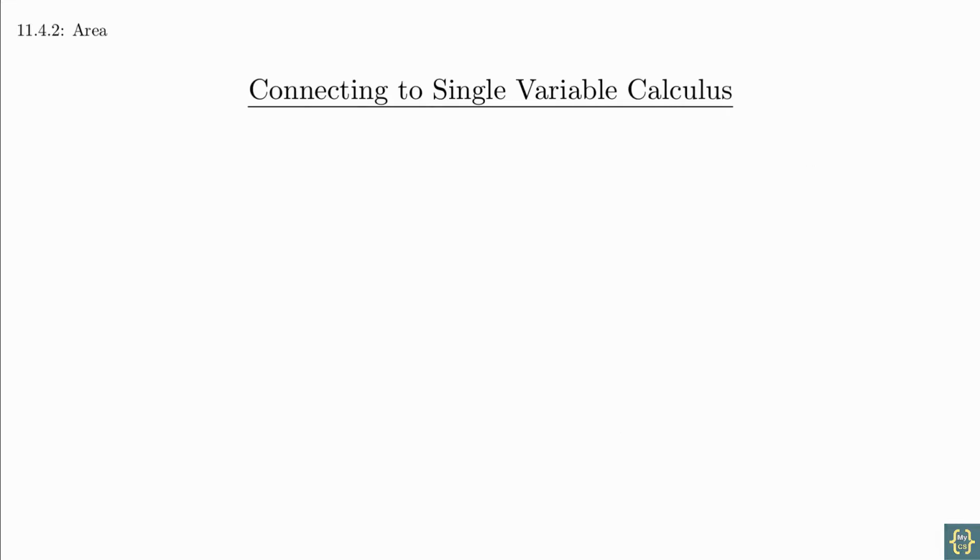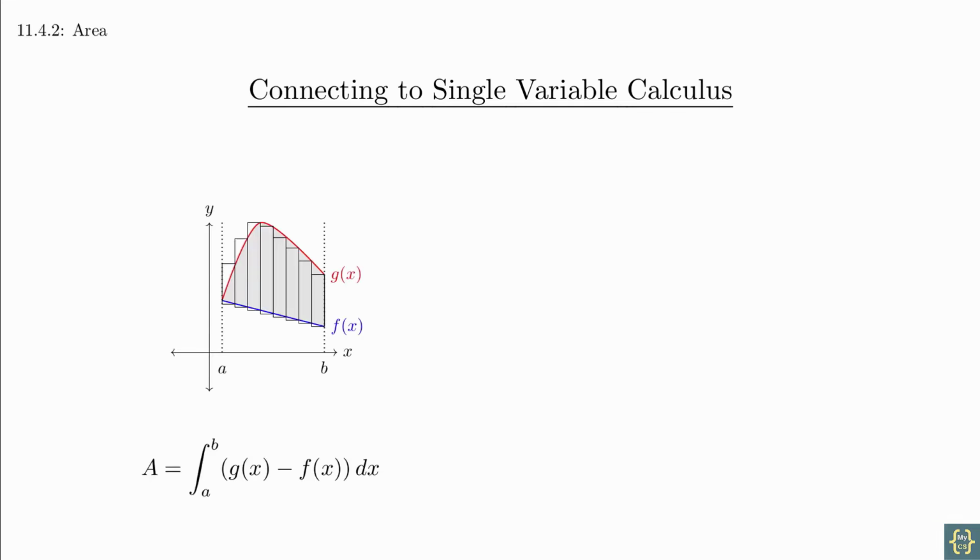You may remember that in single variable calculus, we were not only able to find the area below a curve, but we were also able to find the area between two curves. We want to elaborate on the connection between that formula and iterated integrals. For single variable calculus, we were calculating the area of a bunch of rectangles and summing the results. The difference term in the integrand is measuring the height of the rectangles, and the dx term corresponds to the width.